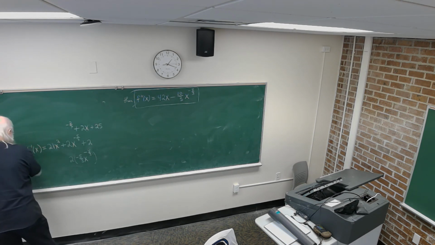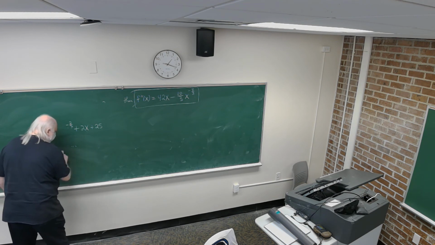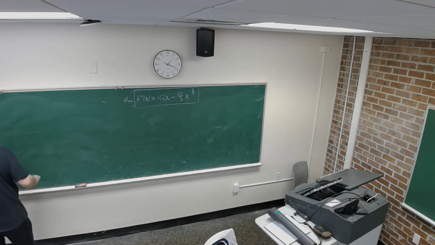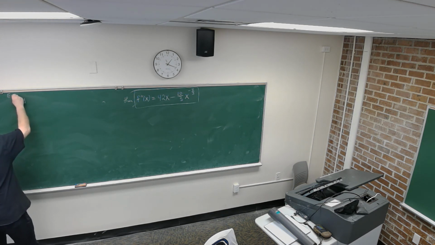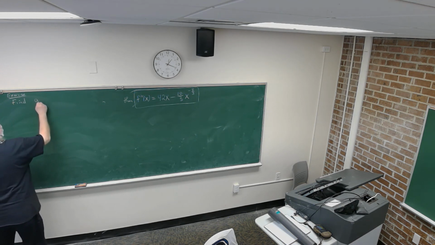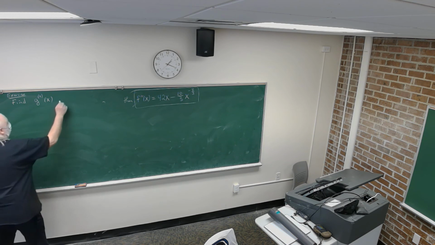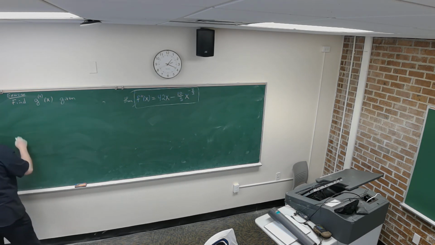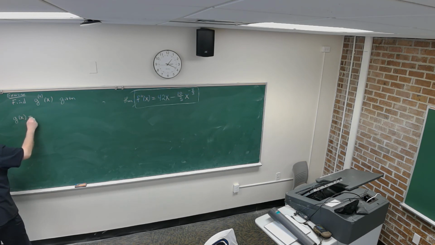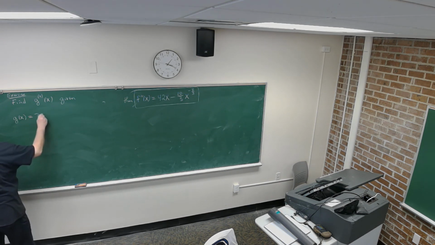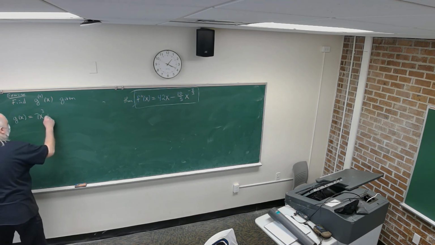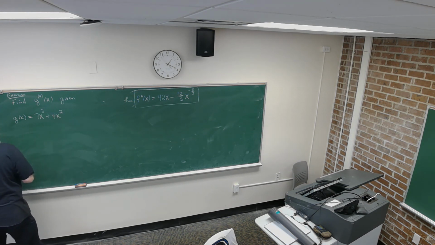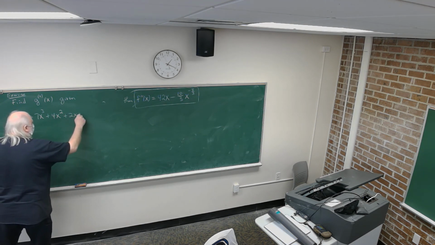Stephen, that is a very timely question you just asked. Because in this next exercise, and I'll give you a minute to work it out, you're going to find the 4th derivative of g of x, given g of x is equal to the polynomial 7x cubed plus 4x squared plus 2x plus 25.